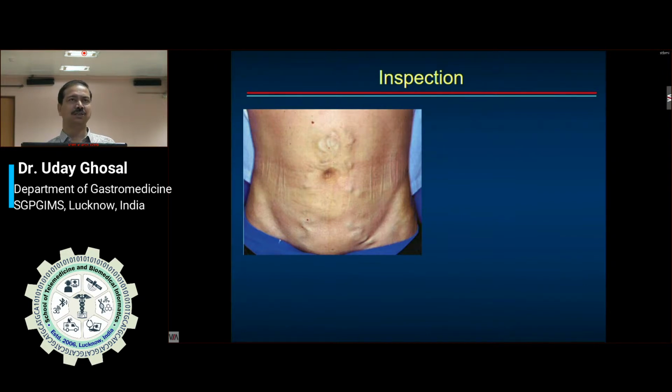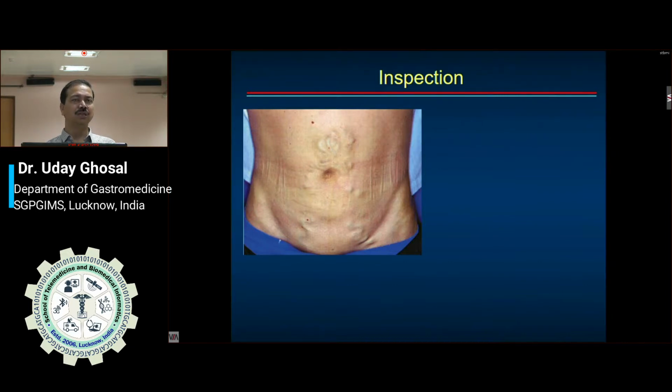Now, therefore, what does it mean? If the patient has an extrahepatic portal venous obstruction, you cannot get caput medusae. Why? Because if the portal vein is blocked, almost in 99% of the cases, the block is either in the confluence of the splenic vein and superior mesenteric vein, or in the main trunk of the portal vein, or in the bifurcation of the portal vein.